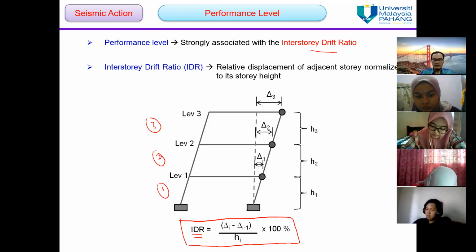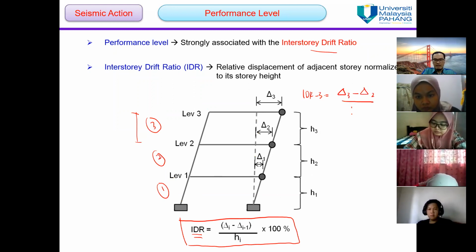Let's say IDR for story number 3 is equal to displacement at 3 minus displacement at 2, divided by the story height of story number 3, and then we multiply by 100.